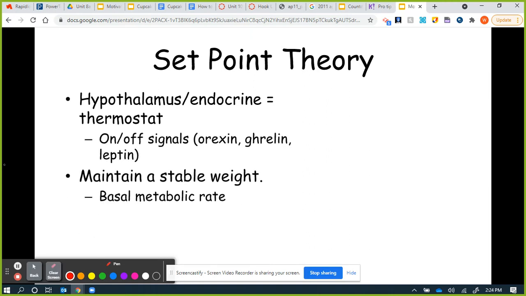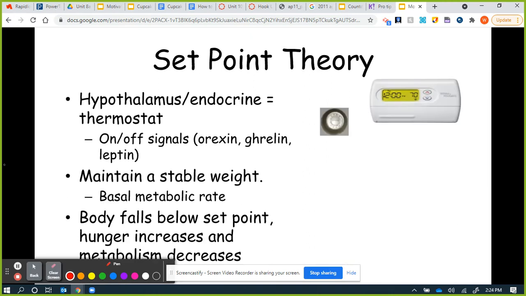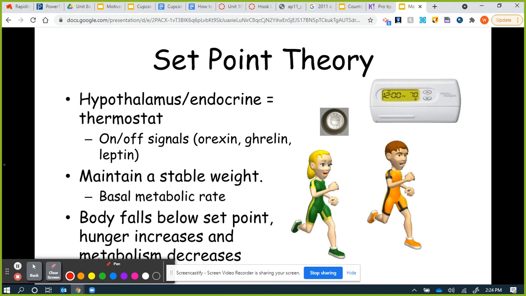Set point theory is the theory about hunger and metabolism that says that essentially the hypothalamus and the endocrine system work together as sort of a weight thermostat, through the release of those on-off signals. Our body has an ideal weight, whatever it thinks that it is supposed to be.